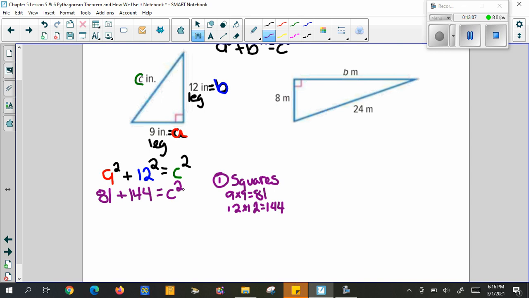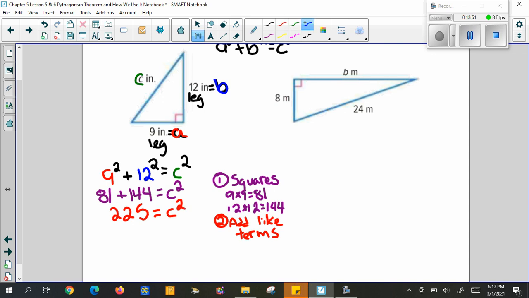Now we're continuing to try to get C by itself. What I notice is I do need to combine some like terms. So the 81 plus the 144, I get 225 is equal to C squared.